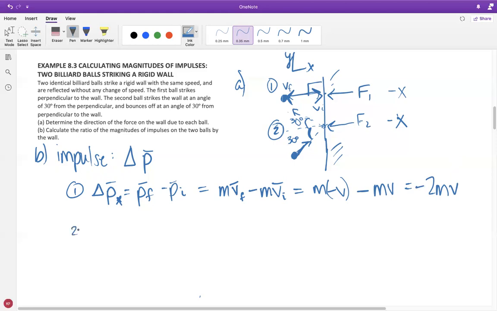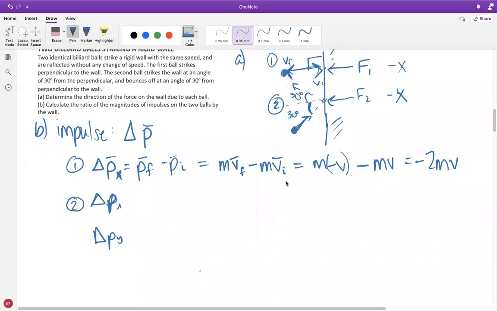Okay, so let's go ahead and look at our second case. So we will have our x direction and a y direction here. Okay. So when we're looking at our second case here, we want to know about our initial and our final.